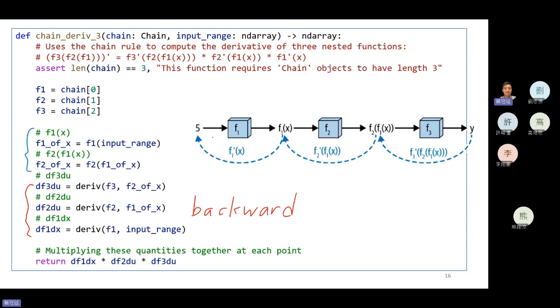And then finally we just multiply the derivatives together. So yeah, that's it. Once we have the derivatives, we can multiply them together. Remember, the chain rule is about multiplying the change rate of each derivative, right? So let's just multiply them together.